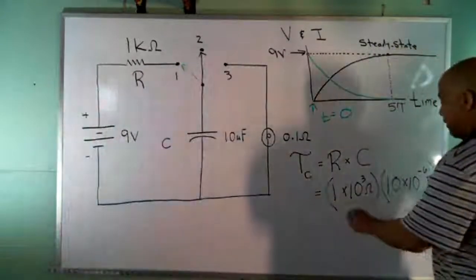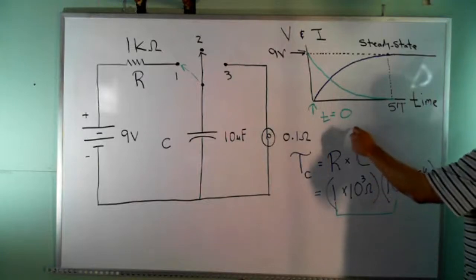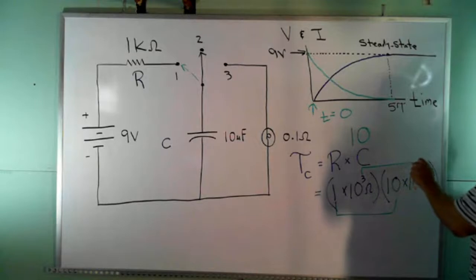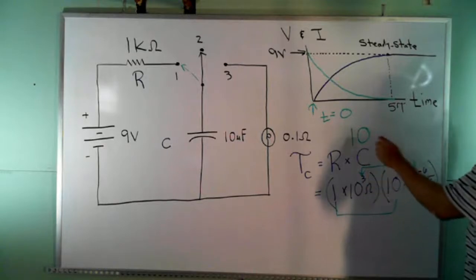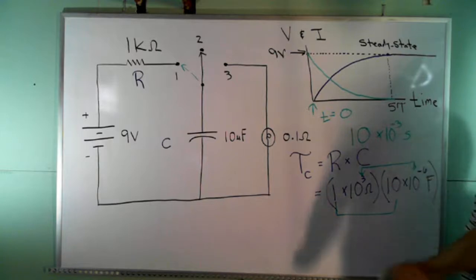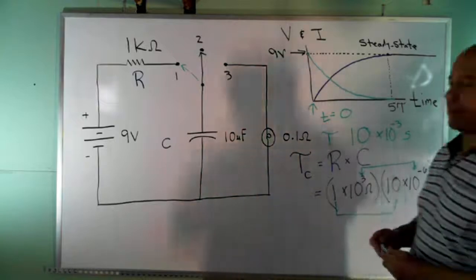When I multiply this, I get 10, and I multiply this, I get times 10 to the minus 3rd seconds. So it looks like tau for charge is 10 milliseconds.